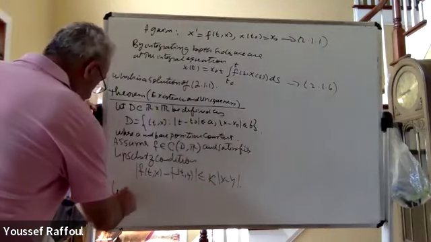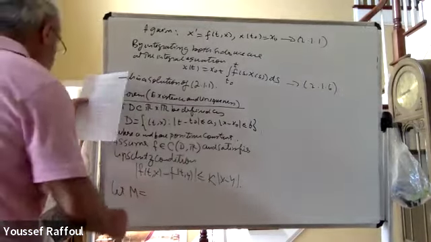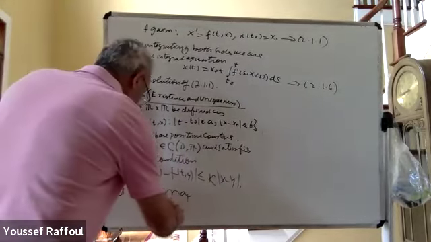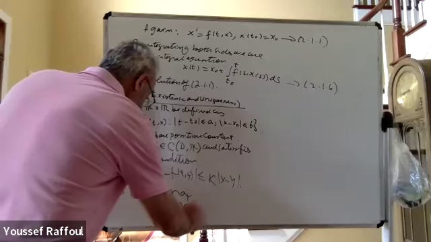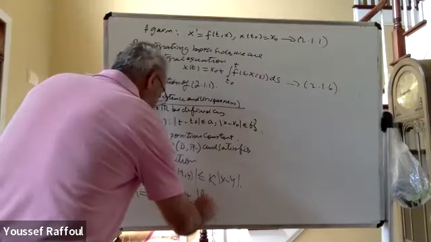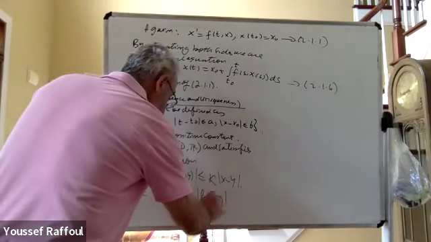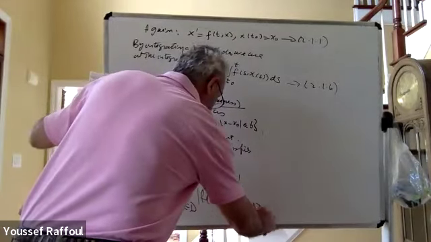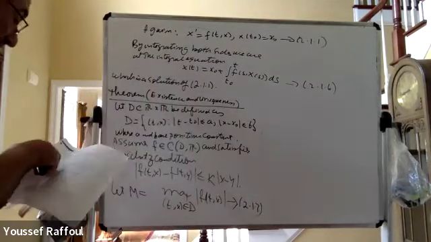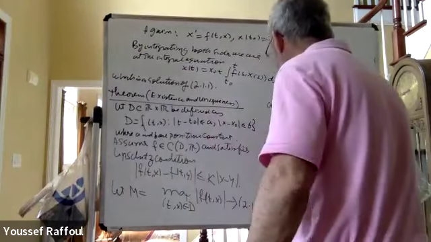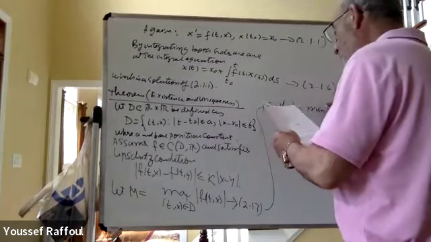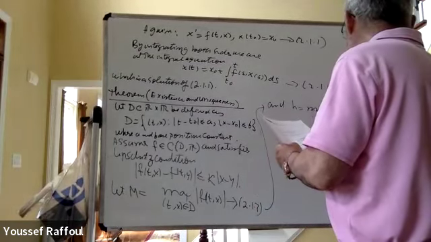So we're gonna let M equal to the max of |f of t, x| over (t, x) belonging to D, and this is 2.17. And I'm going to continue, and h equal the minimum of a and b over M.